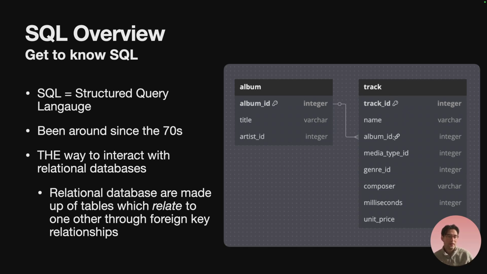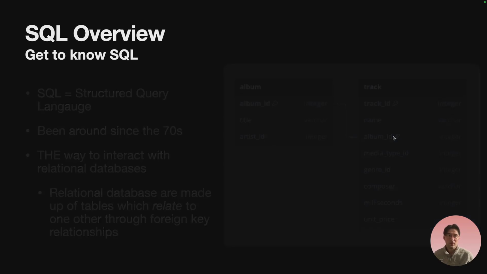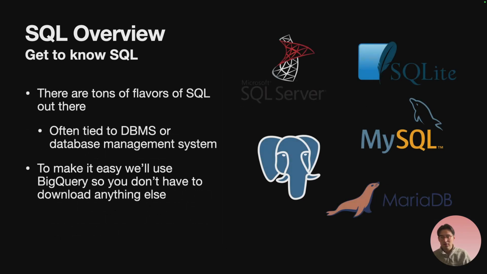We'll get more into what relational databases are fundamentally as we do SQL joins, which will come later on down the road. And so SQL comes in a variety of different flavors and forms. They look very, very similar. The syntax is pretty much the same across the board with just a few minor differences.